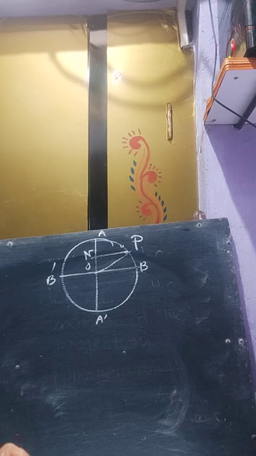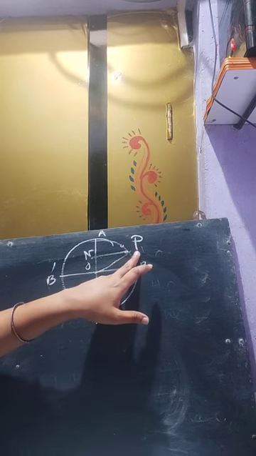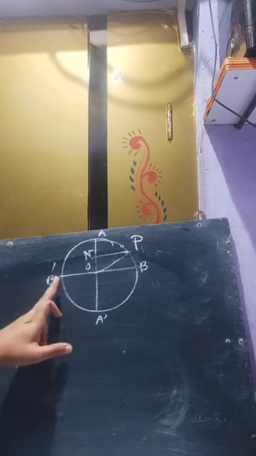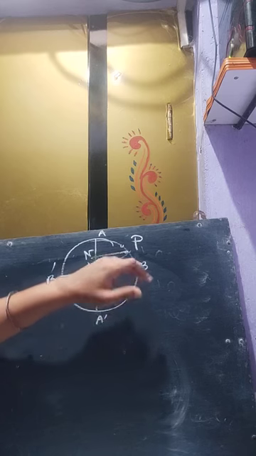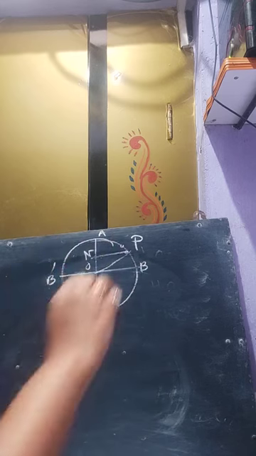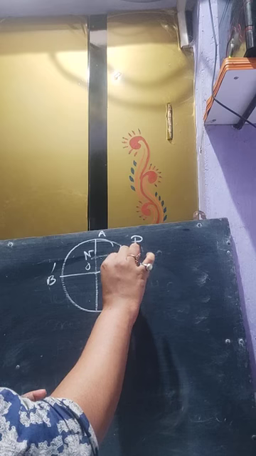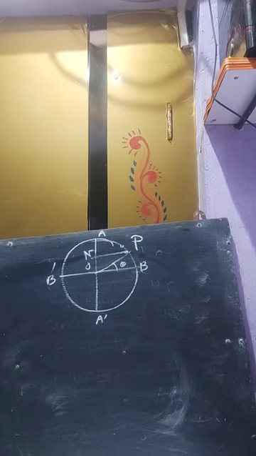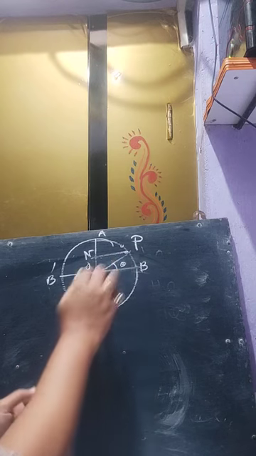Suppose the particle P starts from the point B and revolves through an angle theta in radians in t seconds.